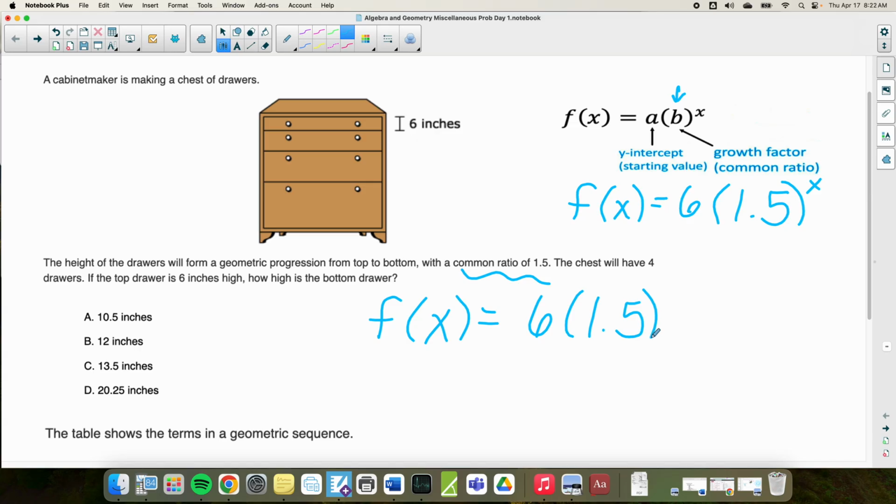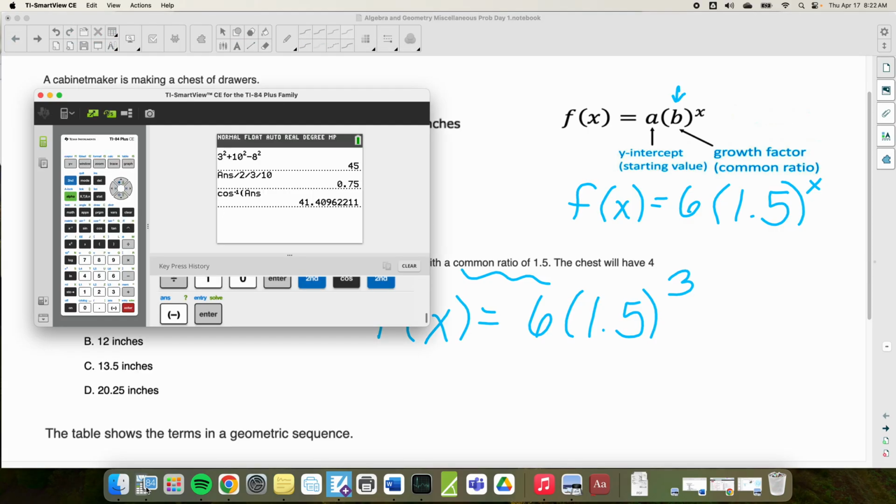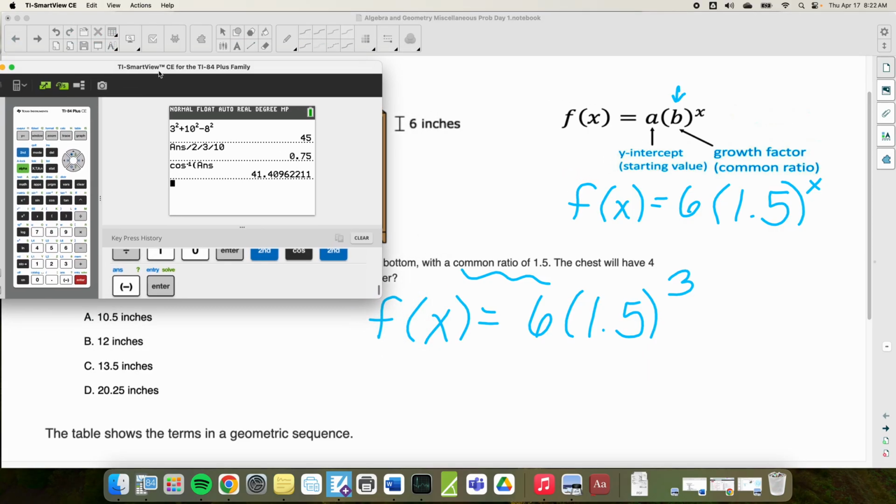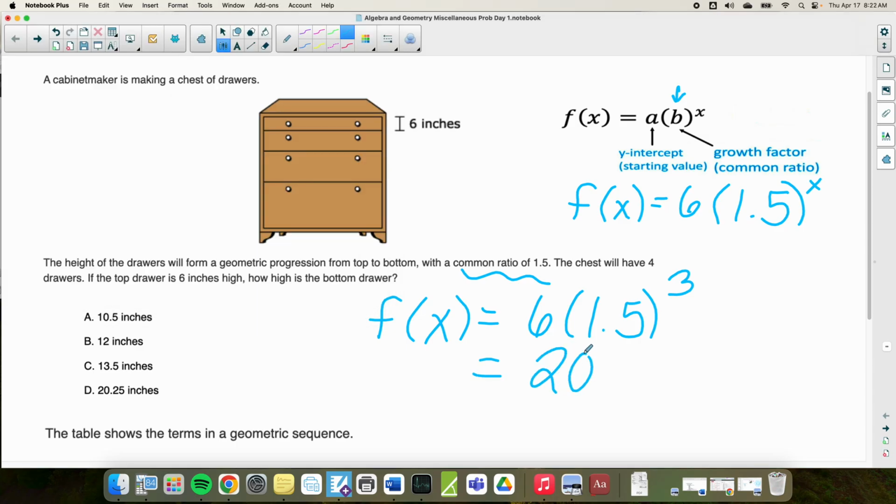And if there's 4 drawers and they're looking for the height of this, what would I put up here? 3, 1 less than, right? So then I would go back here and I'd go 6 times 1.5 to the third, and that would be 20.25, okay? Which is right here.